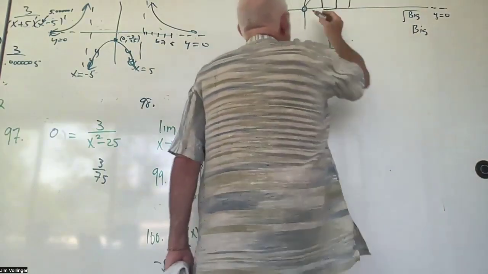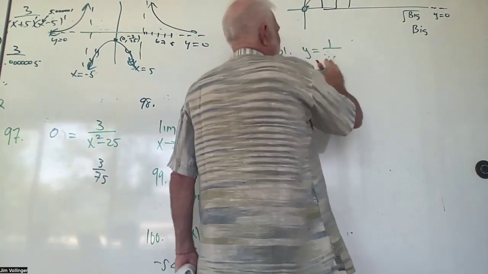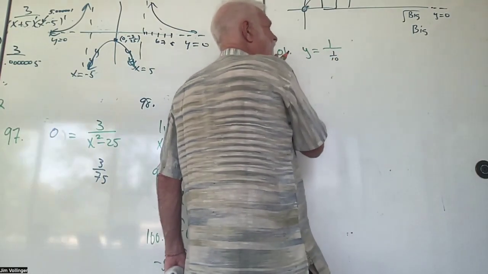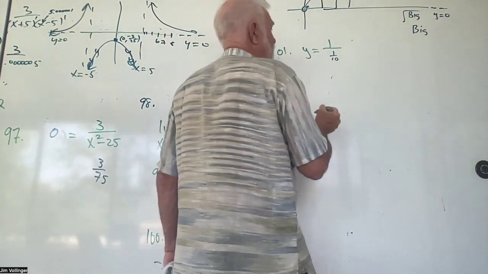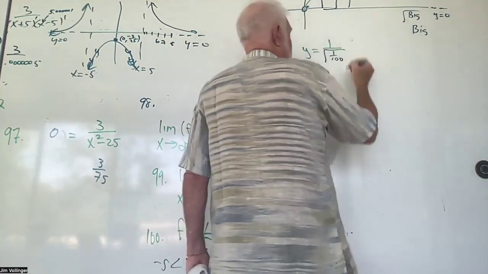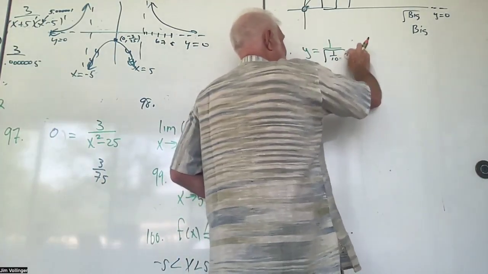Now, what happens when I put a really small number into this? What happens when I put numbers in like 1/10? Oh, I get 10 out. So if I pick a number like 1/100, and I take the square root of 1/100, I actually get 1/10.